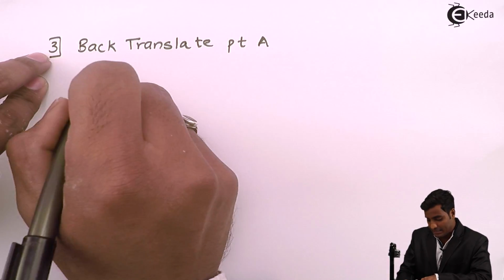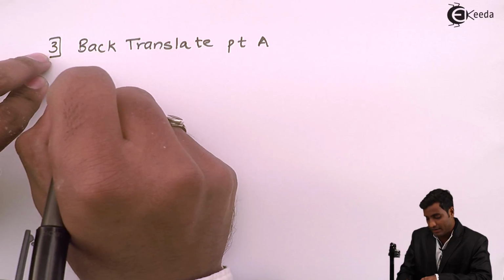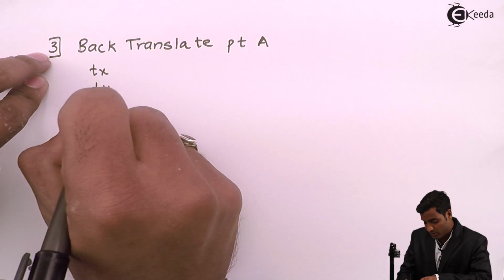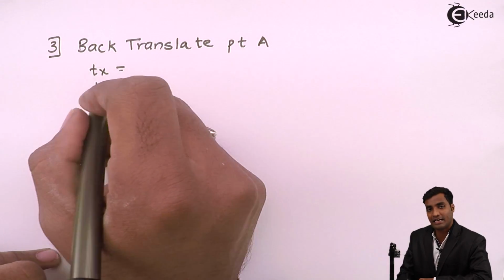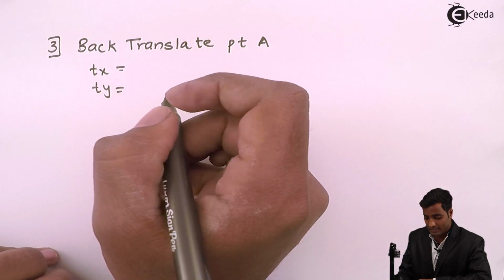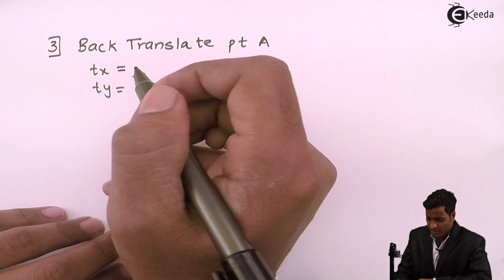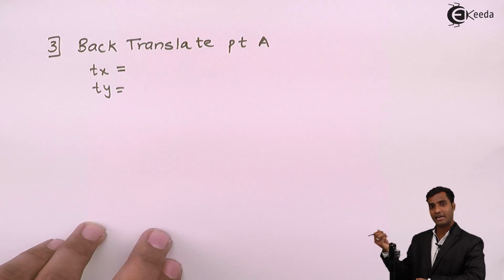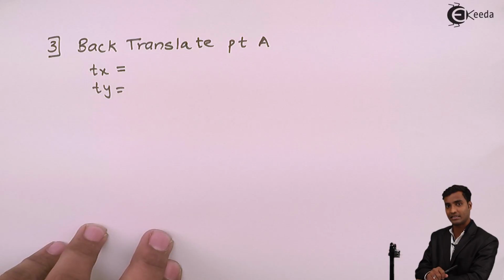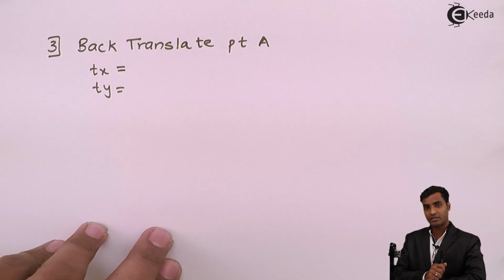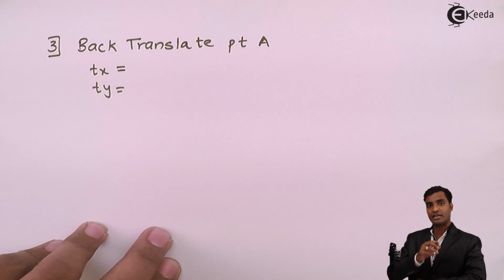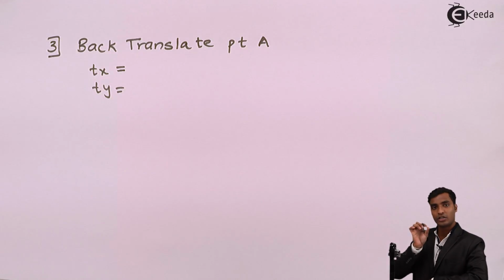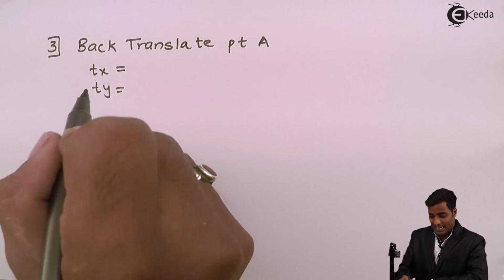For back translation, we will require the Tx and Ty values, that is translation along x direction and along y direction. For that, you have to write directly, since we moved from right to left while doing the first translation. In this problem, we first did a translation transformation to bring point A to the origin.